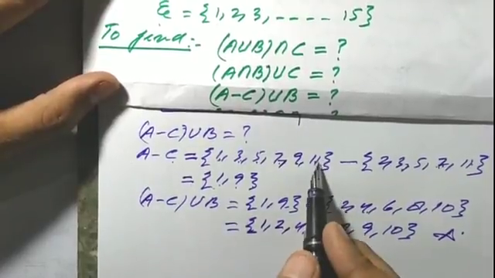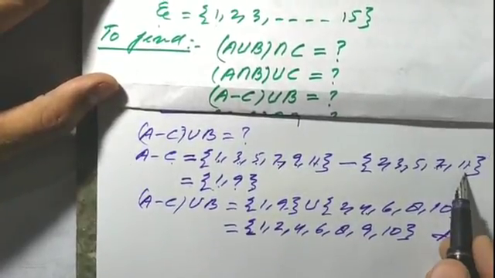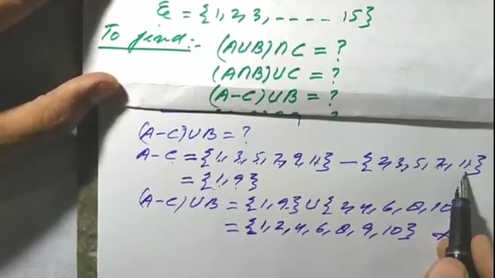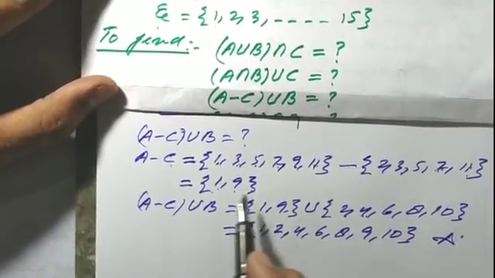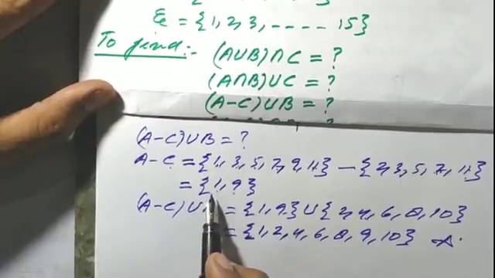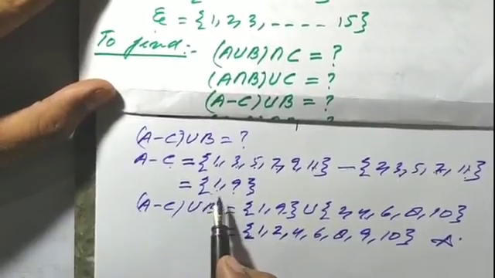And then next is 11, which is contained by C, and we have to exclude it. So we have A minus C is equal to the set of 1 and 9.